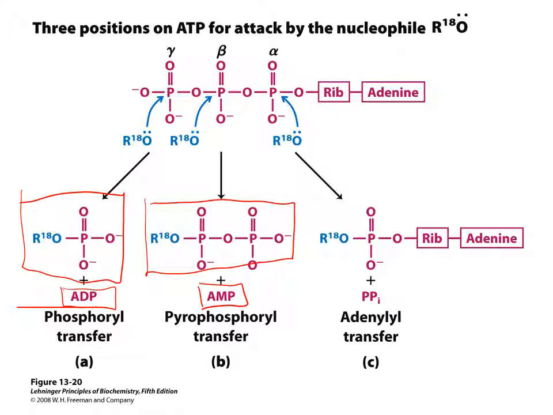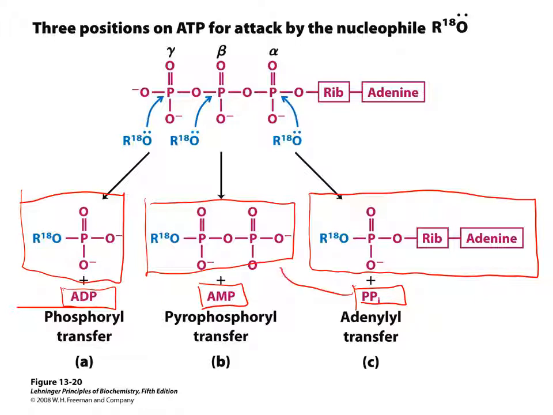Also, it can produce an adenylyl group and pyrophosphate. So the difference here is that we are talking about a transfer. Transfer of a single phosphoryl group would be phosphorylation, and transfer of adenylyl is known as adenylation, and we will talk about this in a few slides.